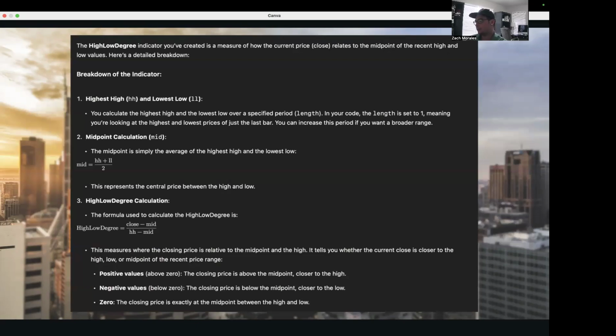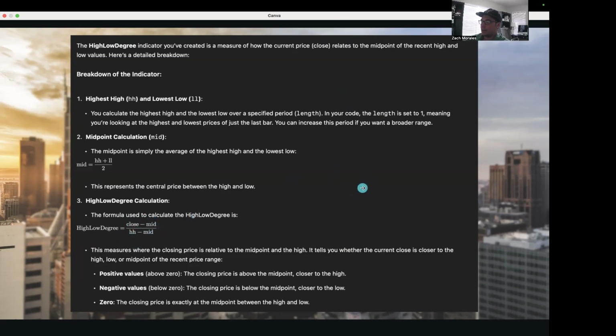All right. The midpoint calculation is simply the average of the highest high and the lowest low. So you're just adding those together and dividing by 2. That represents the central price between the high and low. The high-low degree calculation is going to take the close minus the mid. If we take a look at this, you can see the formula right here, and then the highest high minus the mid.